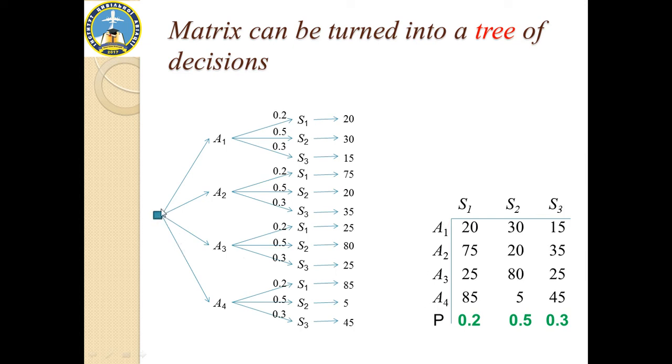So we have the first branch leading to the decision option A sub 1, the second branch leading to the decision point A sub 2, and the third and the fourth accordingly. Now at every decision point, for example A sub 1, we may have 3 different outcomes which depend on different states of nature.